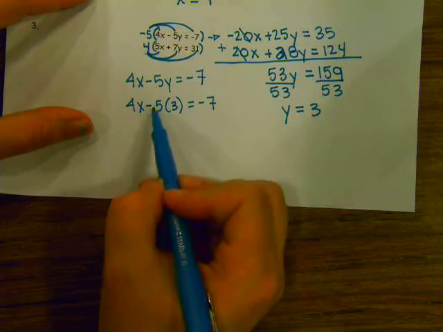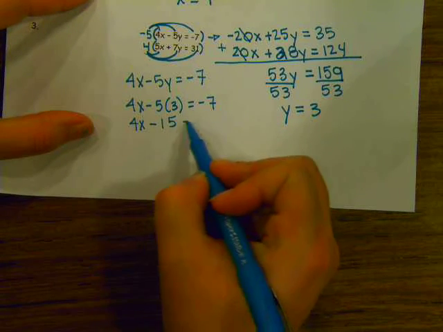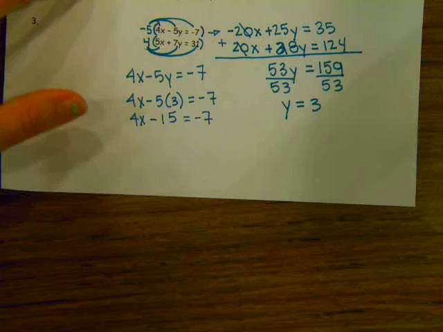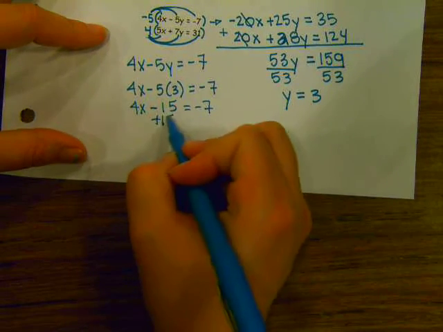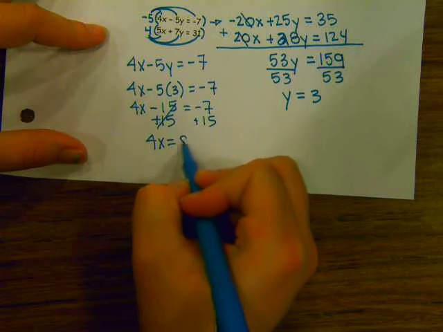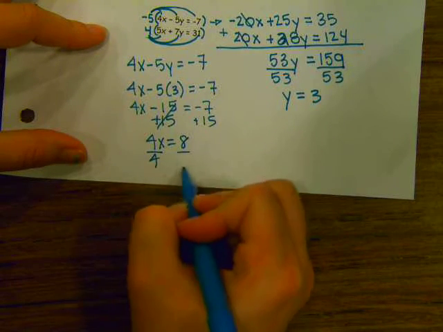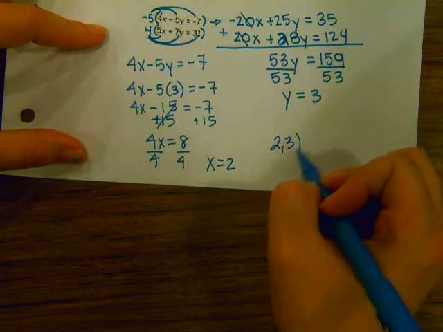Now, since it's a -5, this is going to be a -15. So then I'm going to add the 15 over, because it's subtracting, the opposite is adding. And then divide by the 4, so x equals 2. And there is your answer.